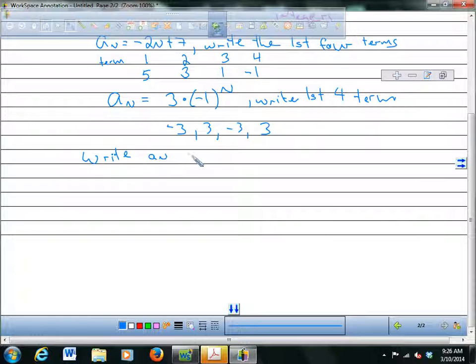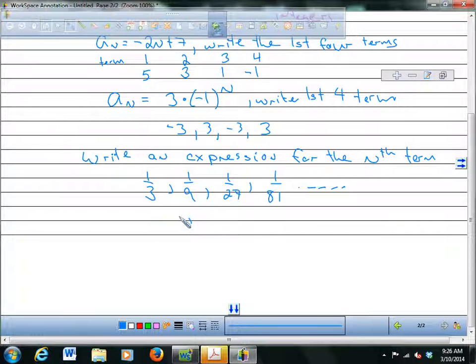If I have 1 over 3, 1 over 9, 1 over 27, 1 over 81, and so on, what would the nth term look like?